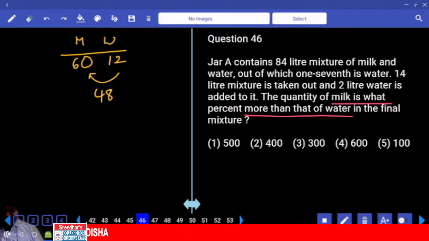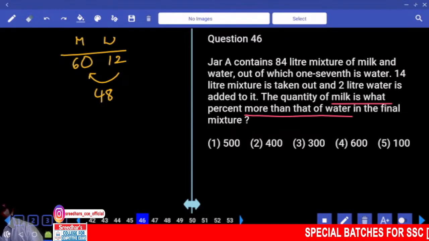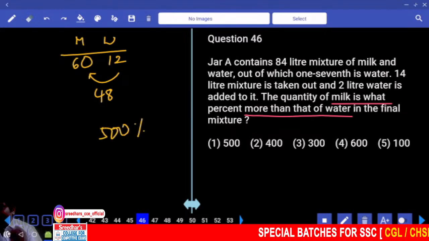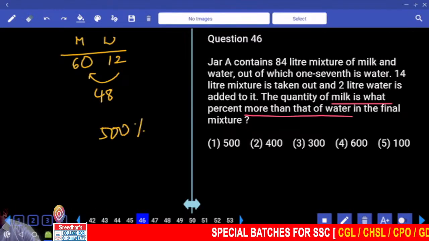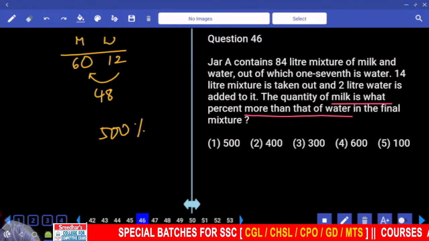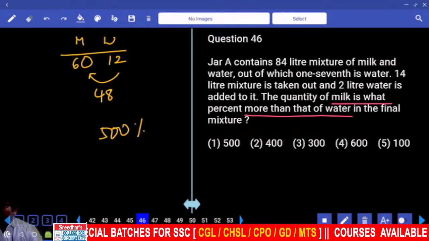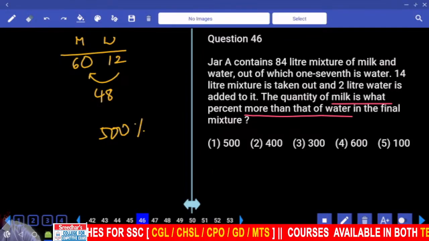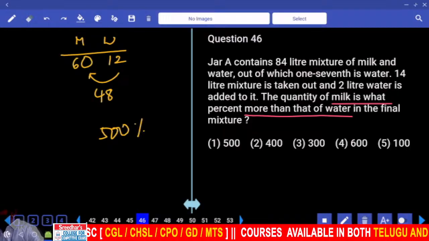If the question is milk is what percentage of water? Answer: 500%. Milk is 500% of water. And the same milk will be 400% more than water.